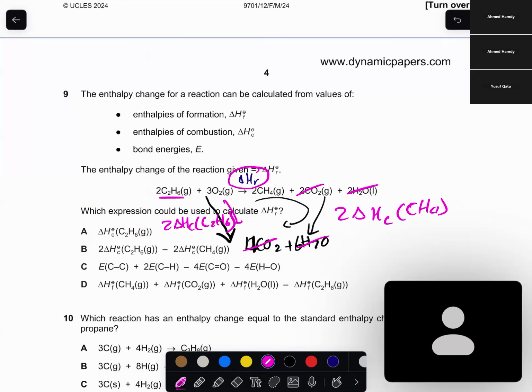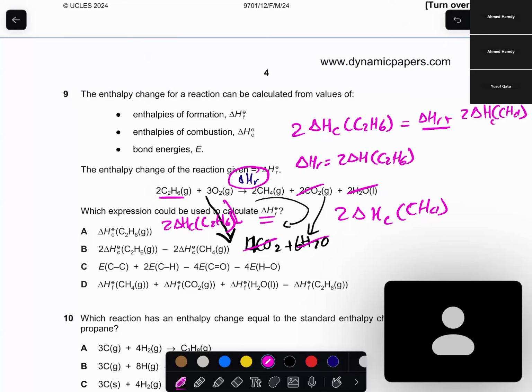According to Hess's law, 2 delta H combustion of ethane equals delta H reaction plus 2 delta H combustion of CH4. So if you need to get the delta H of the reaction, delta H of the reaction equals 2 delta H combustion of C2H6 minus 2 delta H combustion of CH4.